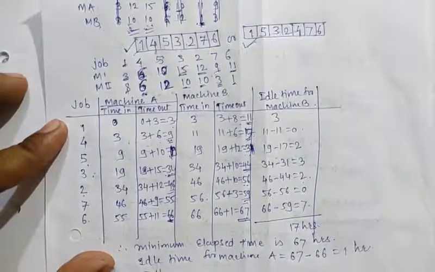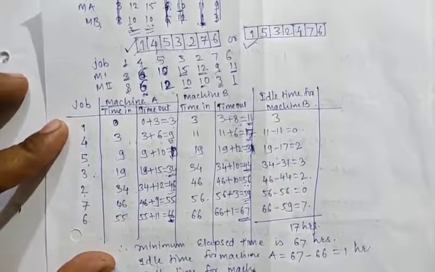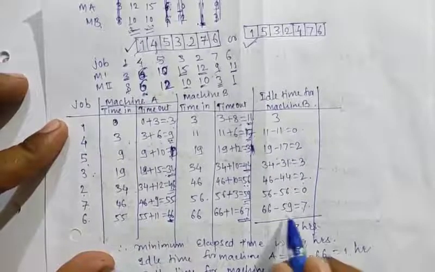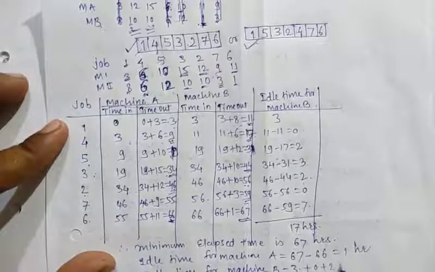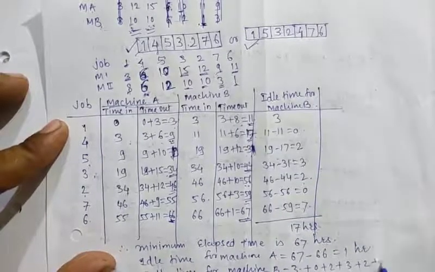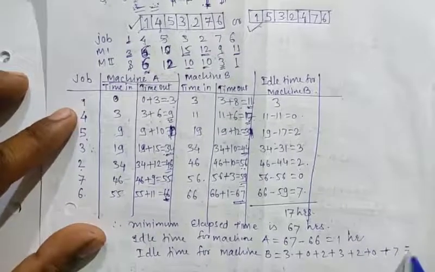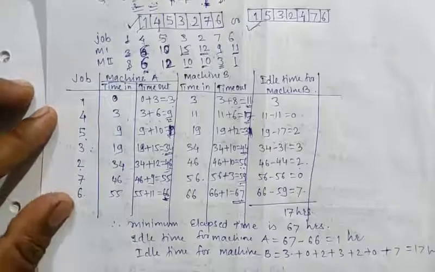So the idle time for machine B is equal to 3 plus 0 plus 2 plus 3 plus 2 plus 0 plus 7, which is equal to 17 hours. So this is the idle time for machine B.